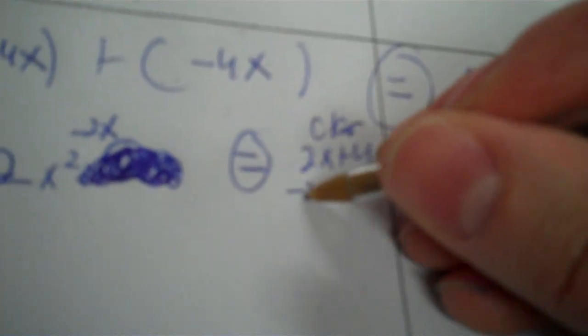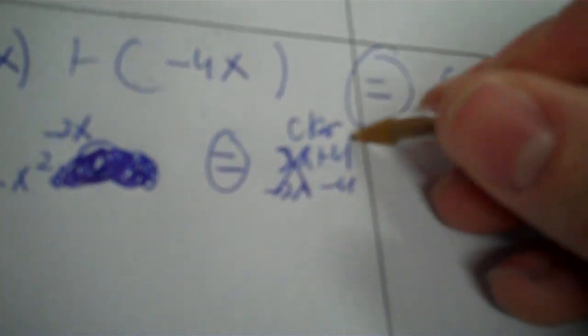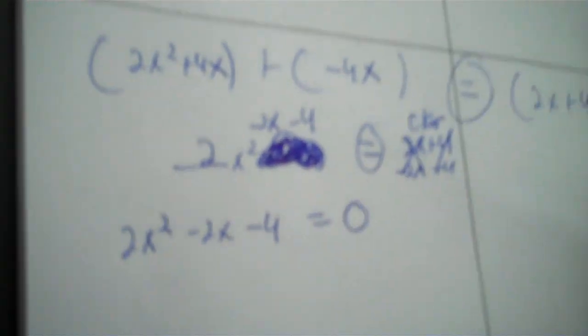Well, there's nowhere to put 2x. There's nowhere to put 4. So it just goes behind. So you put your x to the second term, then your x term, then your constant term, and then you're at 0. So there are 3 terms. That would be GCF table.